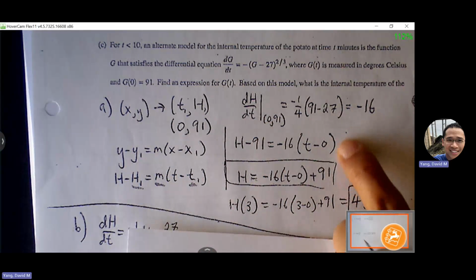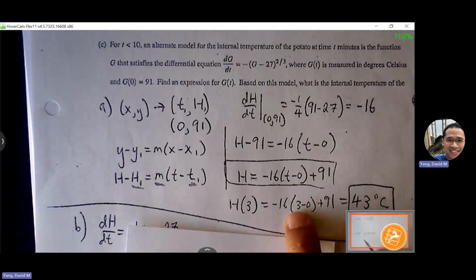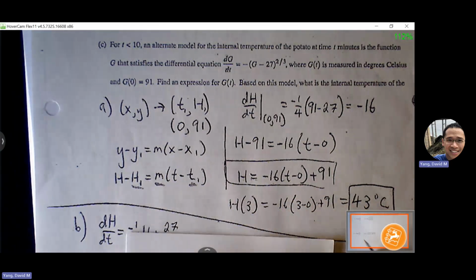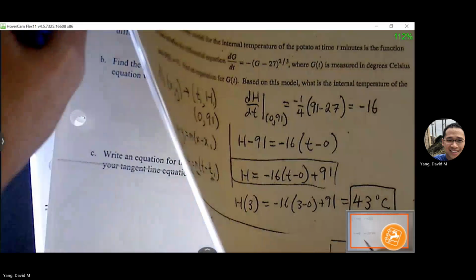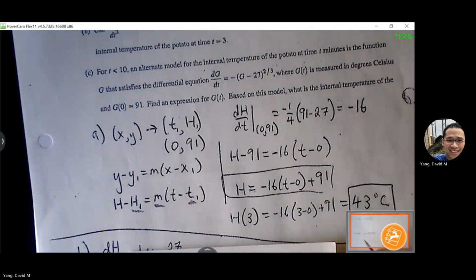Here's my tangent line equation, and then I'm just inserting 3 to do my approximation. Okay, any questions with part A?